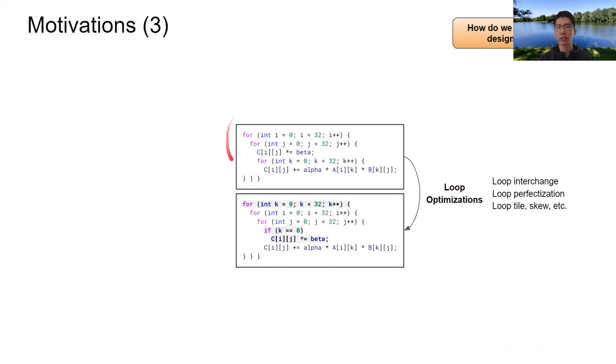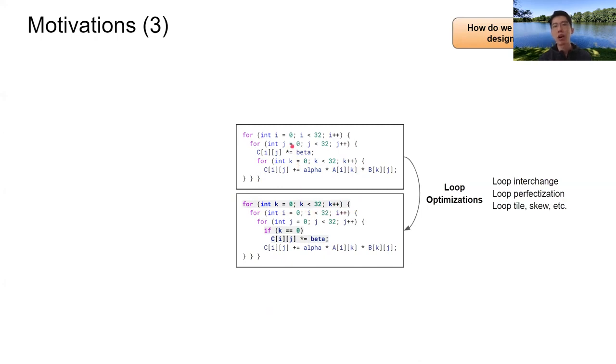For example, in this example, we actually interchanged the K loop from the innermost loop level to the outermost. This is because loop interchange can help you change the dependency distance and improve the quality of the pipeline.